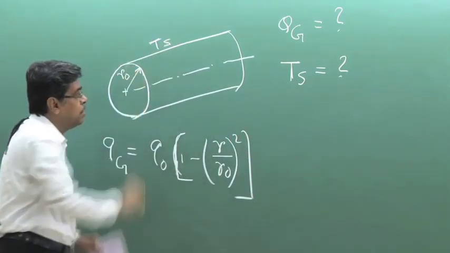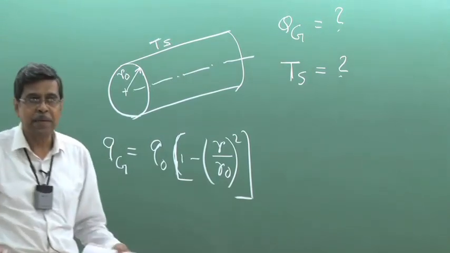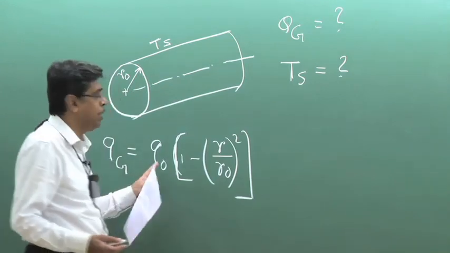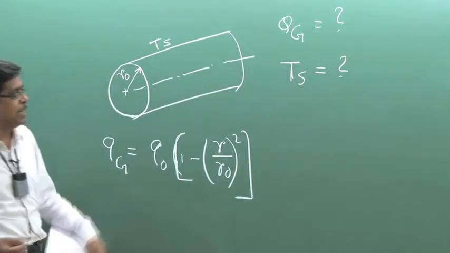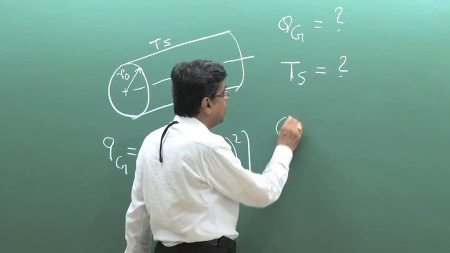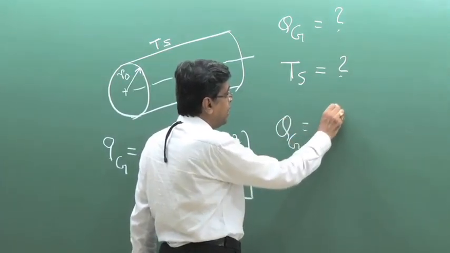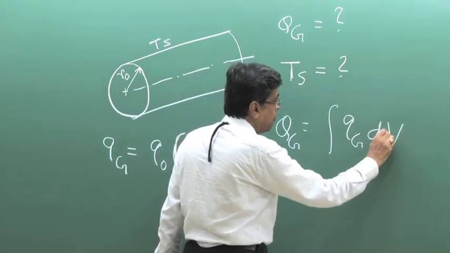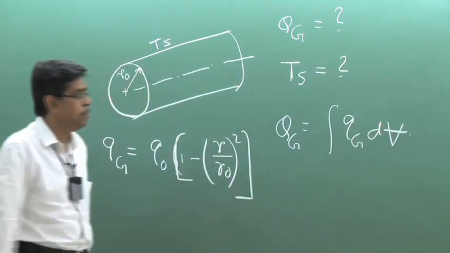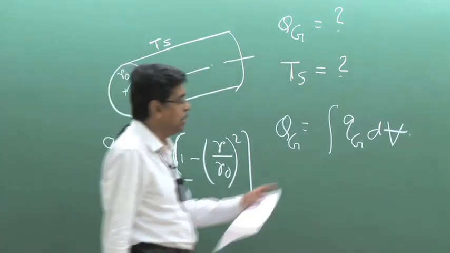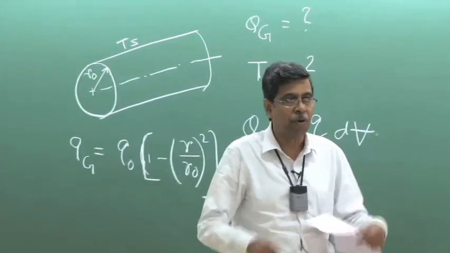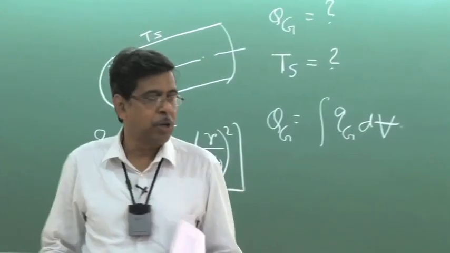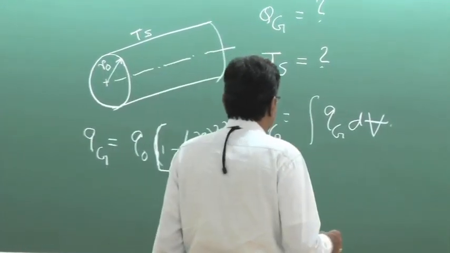So this is again a simple problem. First part is the total energy generation from the volumetric energy generation rate. So it is nothing but Qg is the integral of qg dV. I usually represent volume as V with a cut to distinguish it from velocity, where in convective heat transfer, associated with fluid flow, we use V as the velocity.